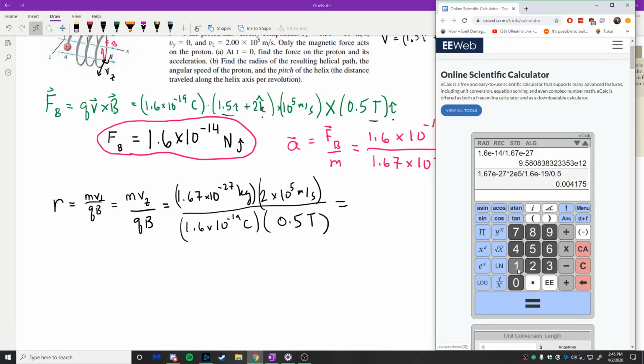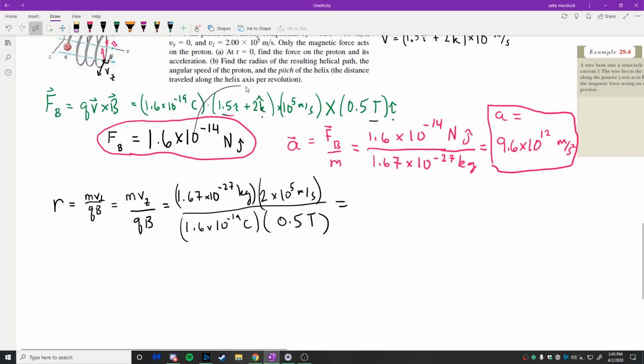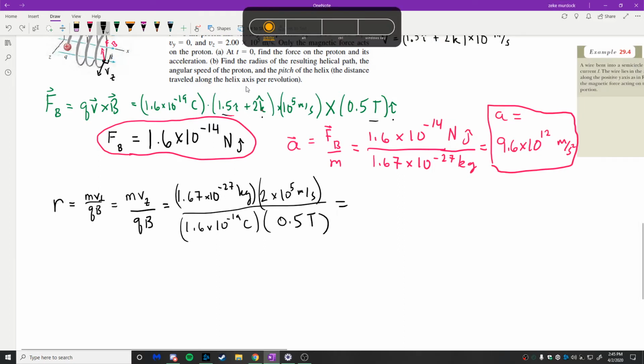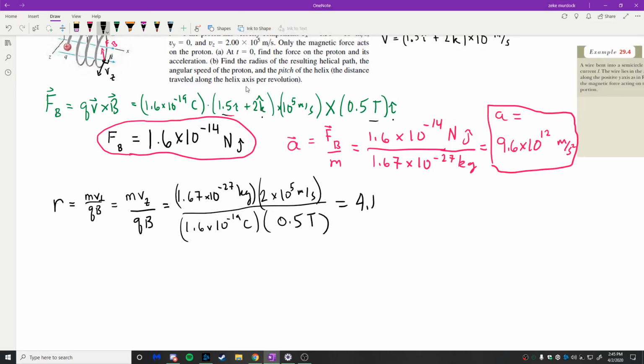We get 0.004175, or something like 4 millimeters, 4.175 millimeters. Very tiny little radius. Any questions about that?